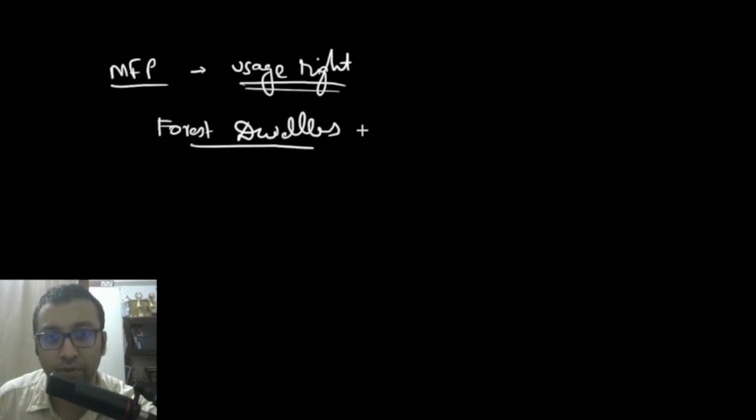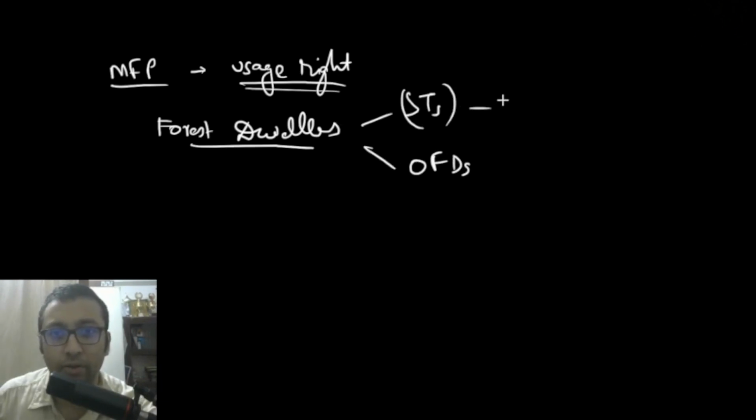As per this act, forest dwellers are either STs or other forest dwellers, who might be SCs, OBCs, general category. If they are STs, in order to get this right, they will have to be continuously living since 2006, which is the date of enactment of this act.